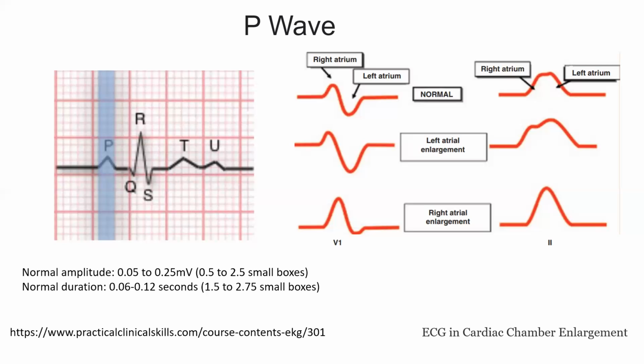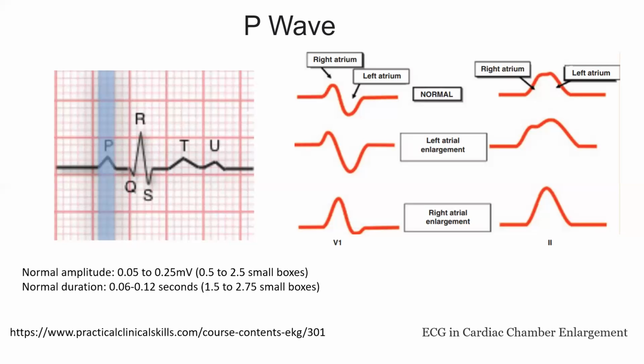In the normal EKG, in V1, the P wave has a positive phase and a negative phase. The positive phase is ahead of the negative phase and stands for right atrium depolarization, and the negative phase is the left atrium. Then we combine it with the lead 2 P wave to see if there is an enlargement.